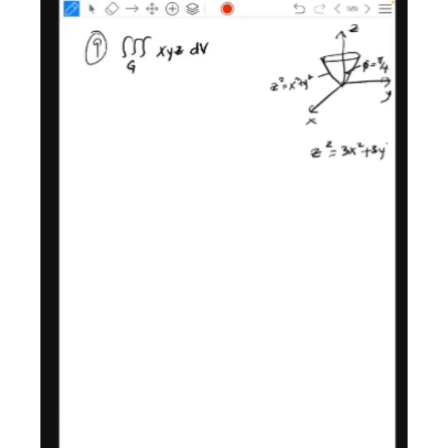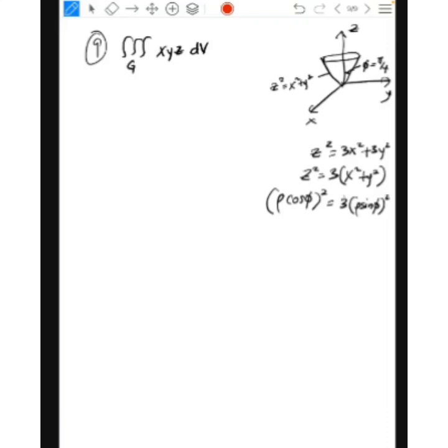How to find the phi? Again, this one z squared equals 3, we factor out the 3, so 3 times (x squared plus y squared). So z was rho cos phi, so (rho cos phi) squared, and this x squared plus y squared is r squared, and r was rho sin phi, squared.